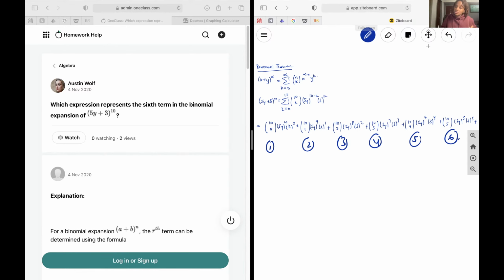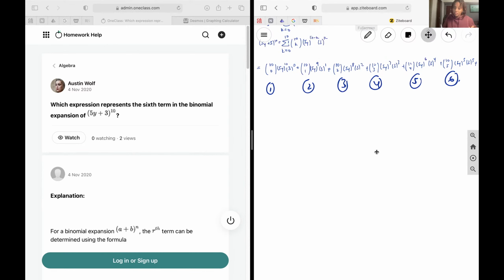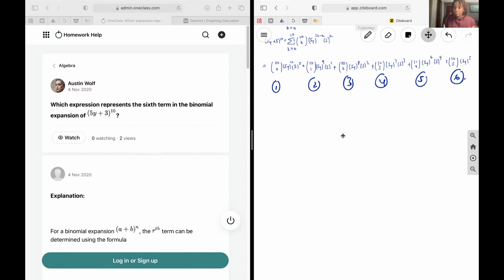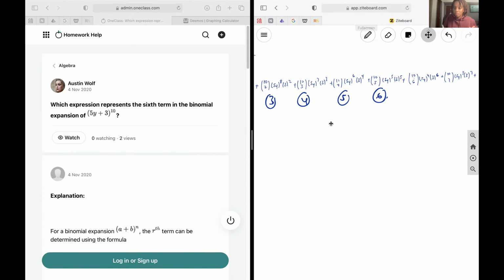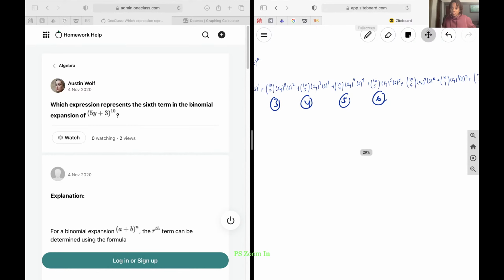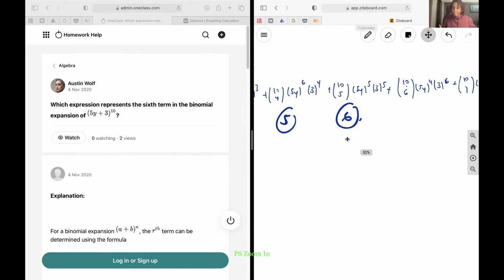So my sixth term is going to be 10 choose 5, 5y all to the power of 5, 3 to the power of 5.